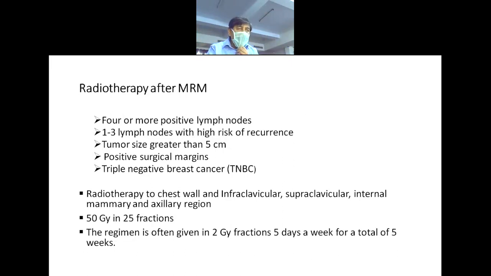Now radiotherapy after modified radical mastectomy is given if 4 or more than 4 lymph nodes are positive, or 1 to 3 lymph nodes but again if the patient is at high risk of recurrence, meaning lymphovascular invasion or high grade tumor, or if the size of the tumor is more than 5 centimeter, or if there are positive surgical margins or triple negative.